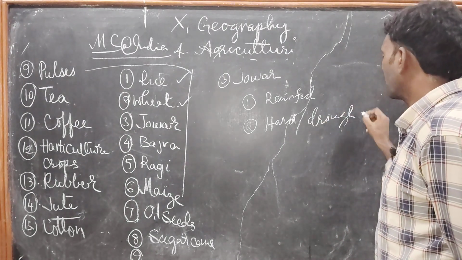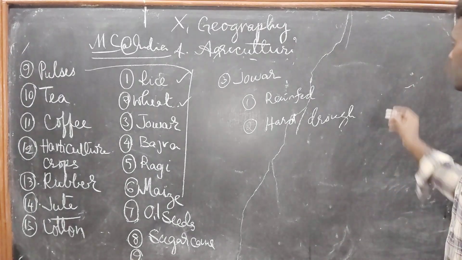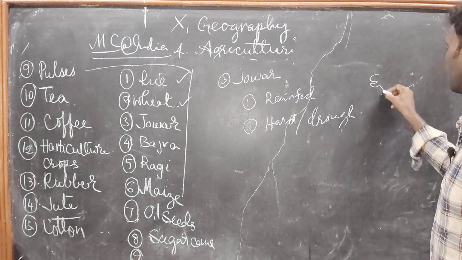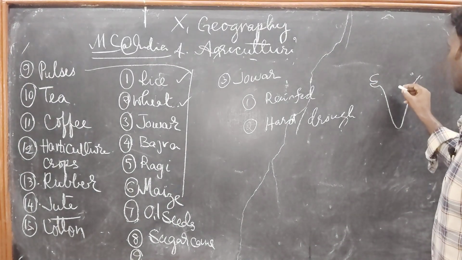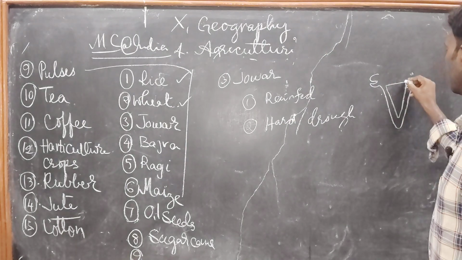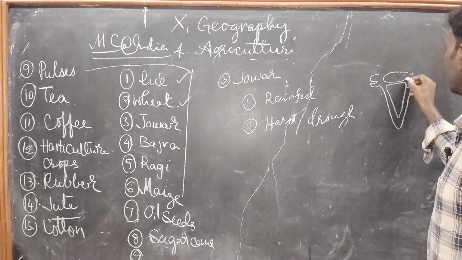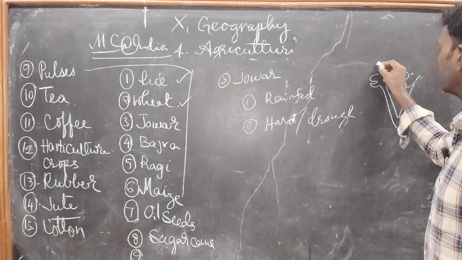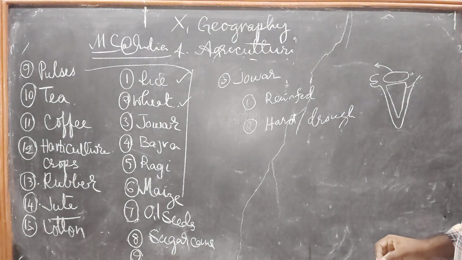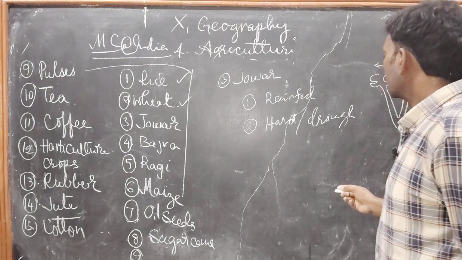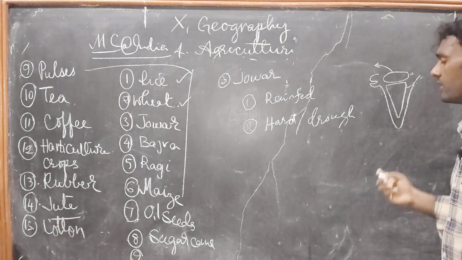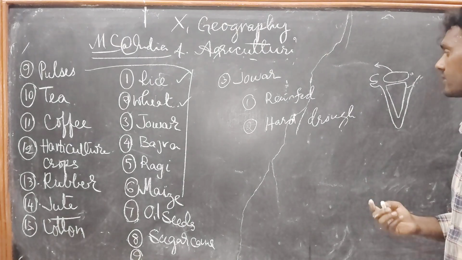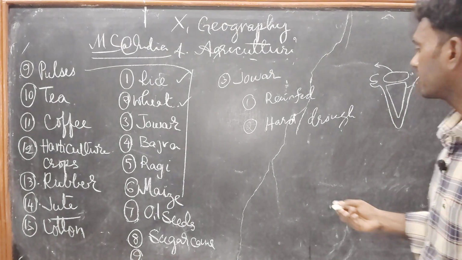So we are cultivating these crops in Deccan Plateau area as well as central India and also Western India. Why? Because these are the semi-arid and arid areas and also hot climatic areas.